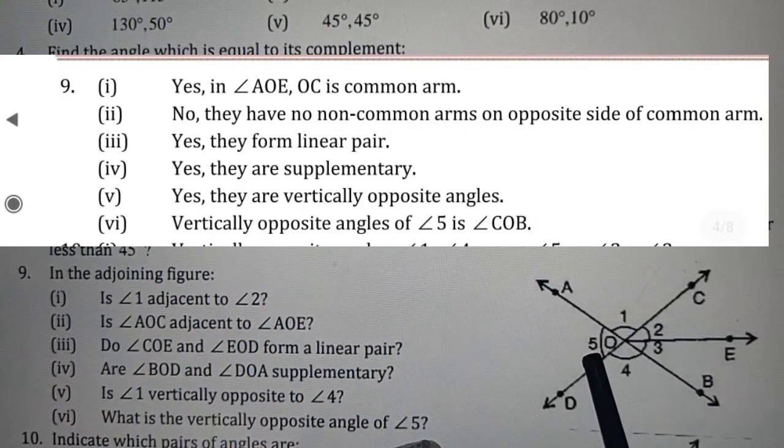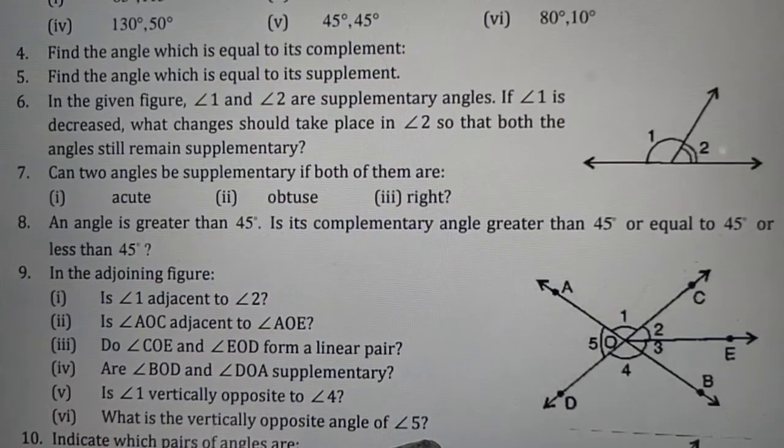The vertically opposite angle of angle 5 is angle 2 plus 3. Exactly opposite to this, there is a break into two angles. This line breaks these two angles, but the addition of these two angles, 2 plus 3, is equal to angle 5. So I hope, students, you understand. According to the diagram you must understand all the definitions, then give the answer. Alright, tomorrow we will discuss further questions and more properties of lines.